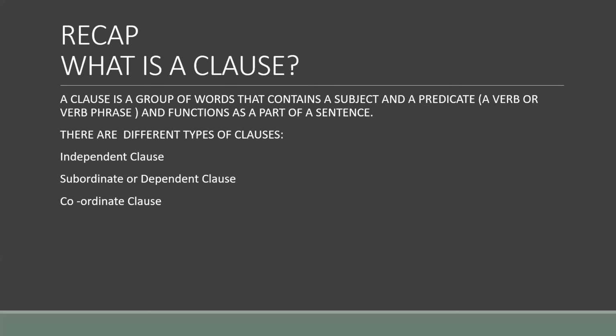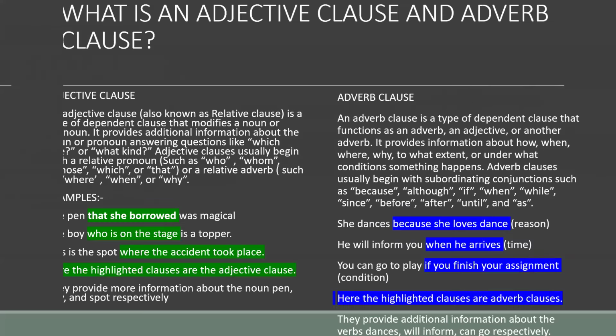There are different types of clauses. As we have learned already: independent clause, subordinate or dependent clause, and coordinate clause. Today, let us learn about what is an adjective clause and an adverb clause, and in detail about adjective clause.